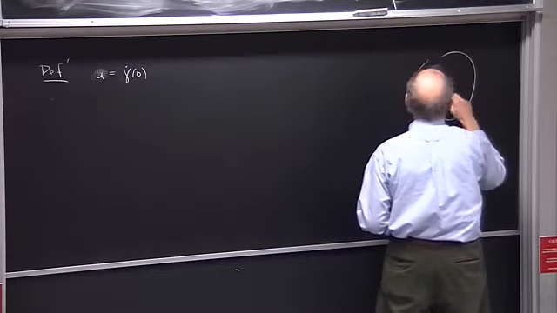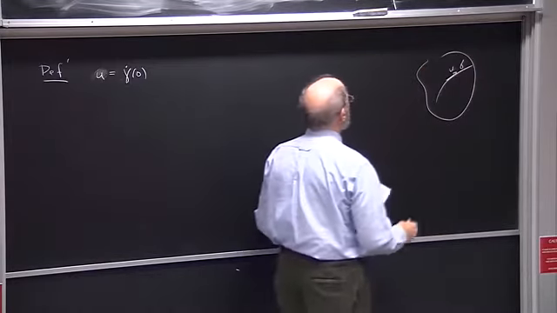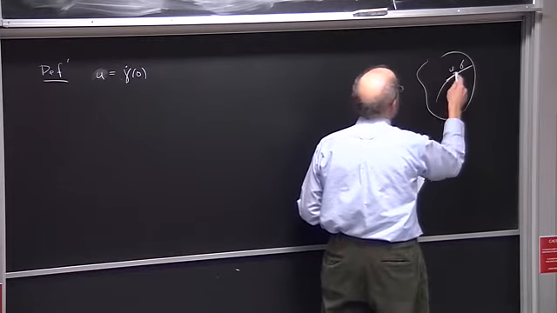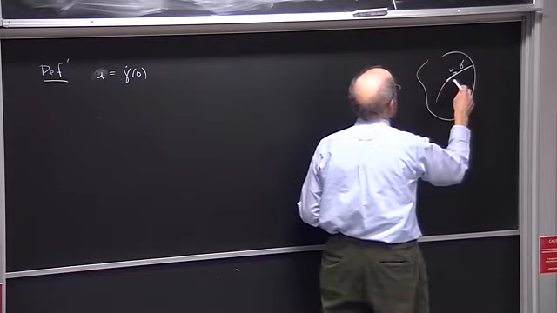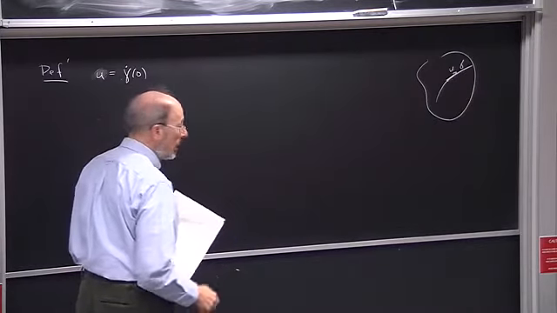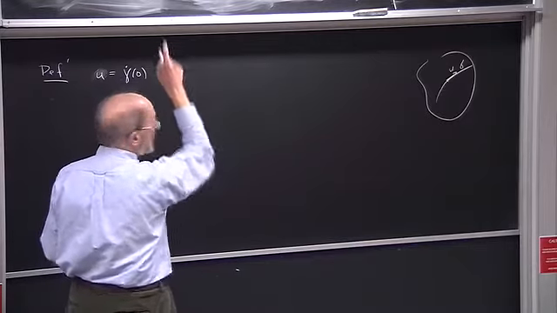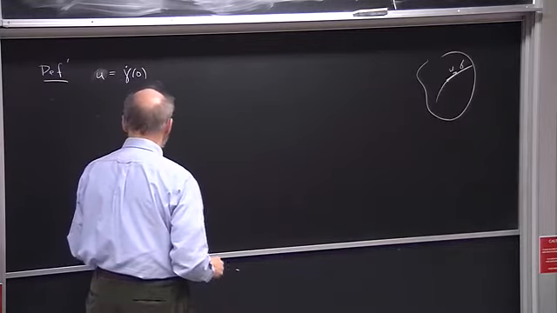Here's the point P. Here is my curve gamma. Here's the tangent vector U. You might think of another way to multiply it by a scalar. If I want to make it twice as big, all I have to do is traverse this curve twice as fast, reparameterize the curve. So you might want, for your own amusement, to convince yourself that that's equivalent to the definition that I just gave there.